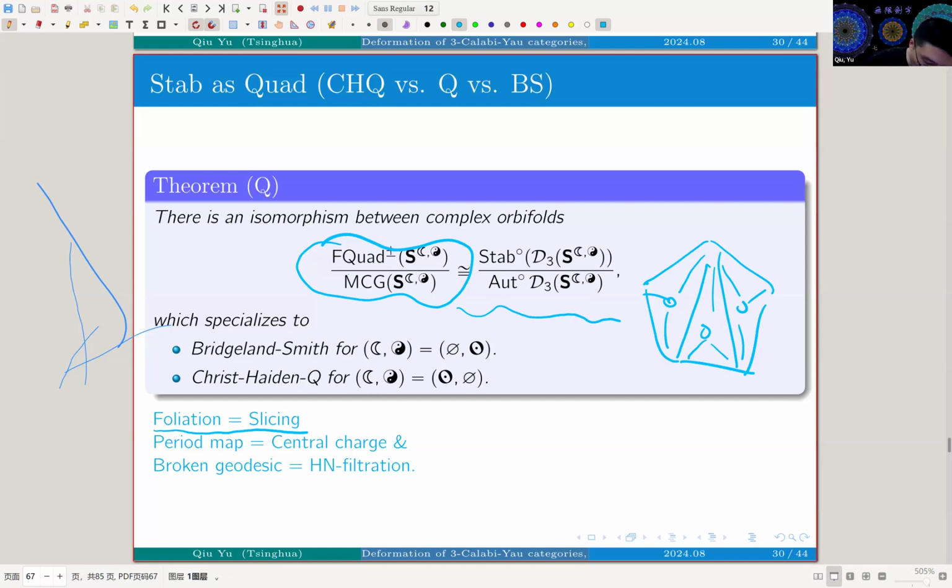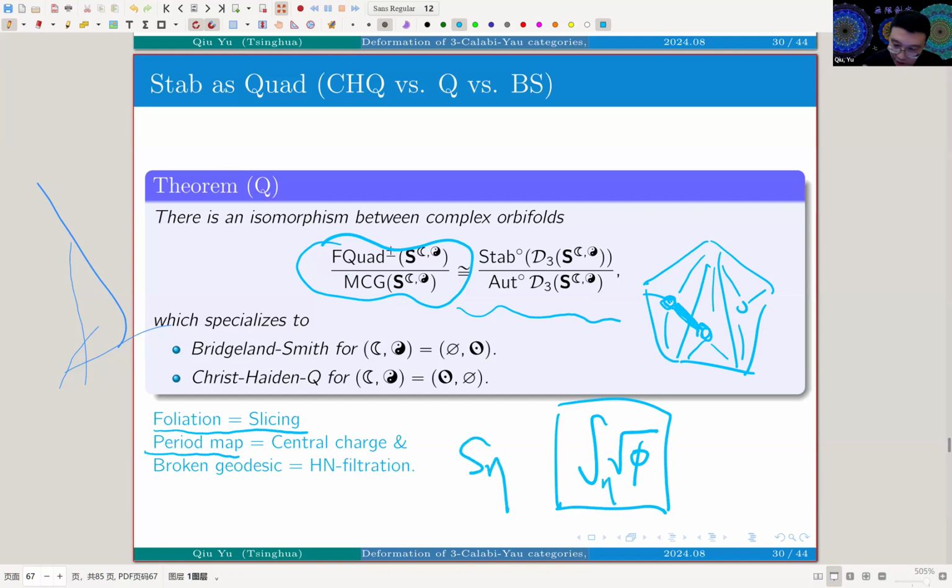And the quadratic differential also has some period map, which integrates the quadratic differential along some arc, connecting the zeros, for example. An arc connecting zeros, say eta, corresponds to some spherical object in the triangulated category, and the central charge for that is given by the period of the quadratic differential. So that's kind of the idea.